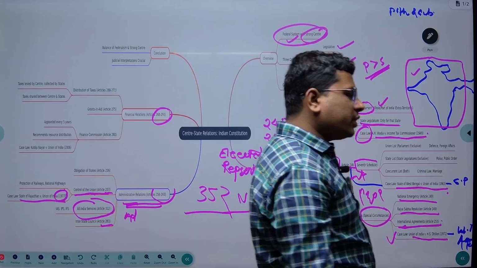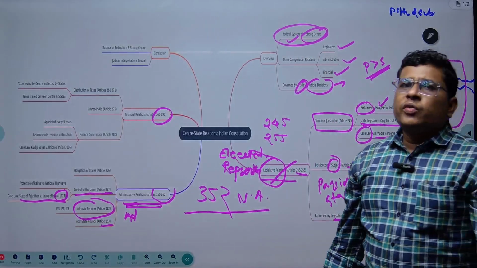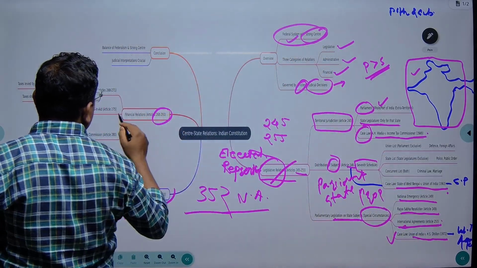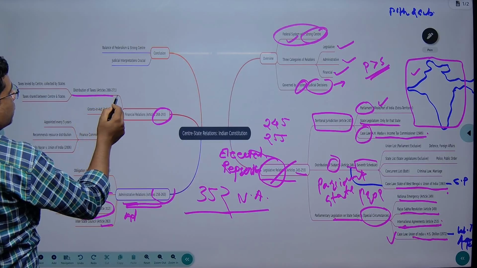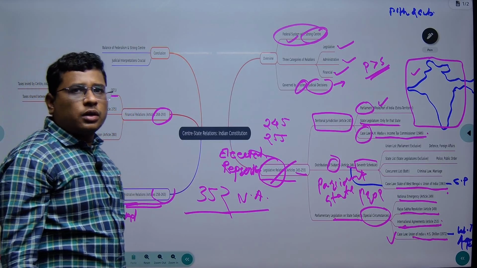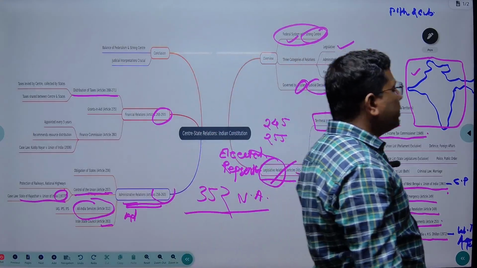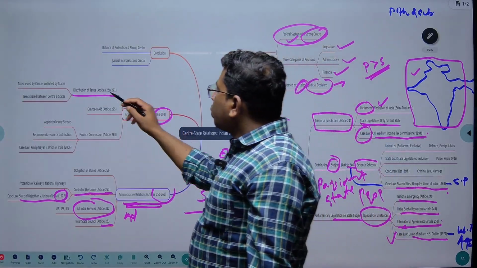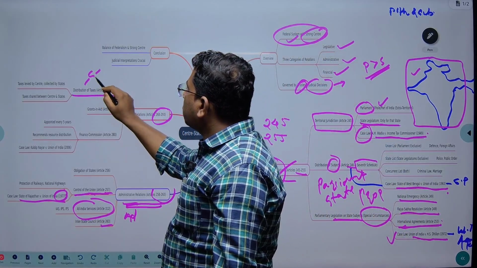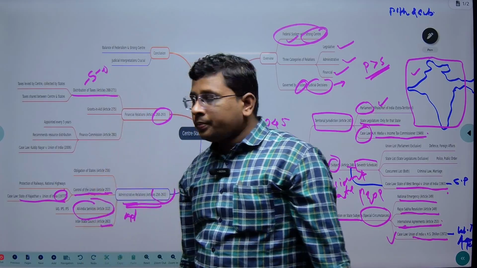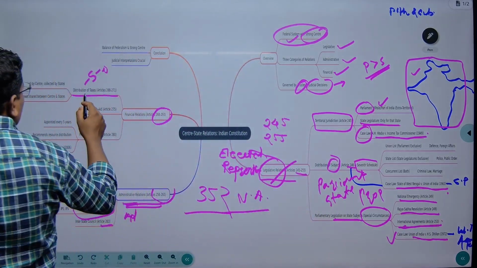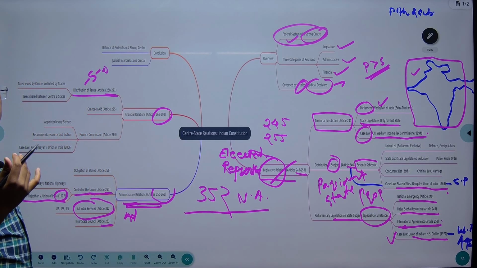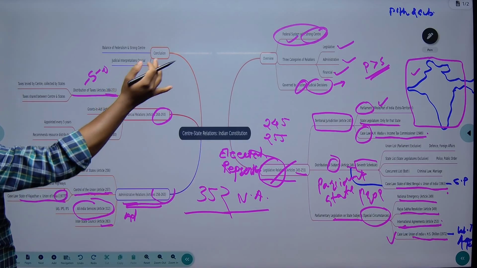It majorly covers the finance between the center and state. So how does finance come? Through distribution of taxes, right? States and center collect taxes from the people and organizations, right? So the collected tax is distributed among the state and center, that is the union. So distribution of taxes is under Articles 268 to 271. So how does the distribution of the taxes collected by the state and center happen?